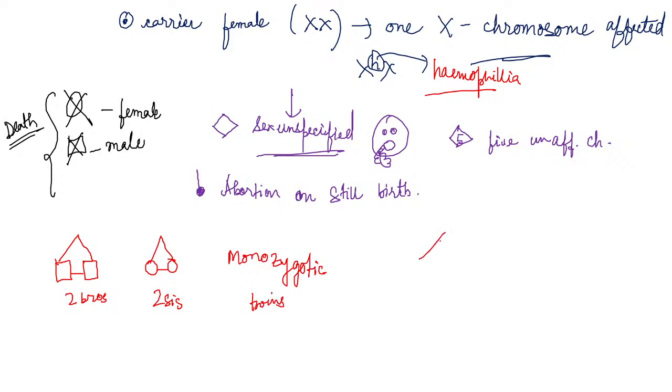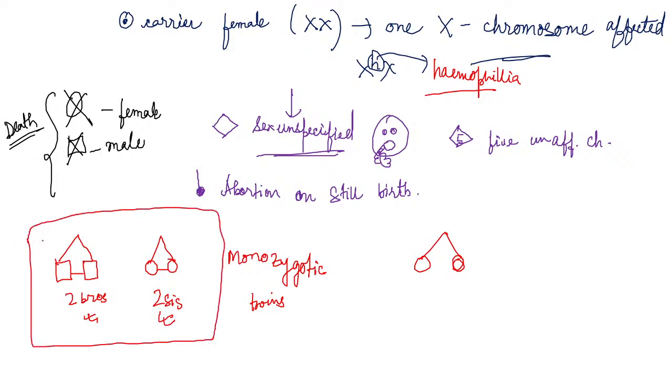When they will be like this, two separate zygotes, they are twins, but they are separate from each other. When they are connected, they will be monozygotic, right? And when they are separated, then these are the dizygotic.